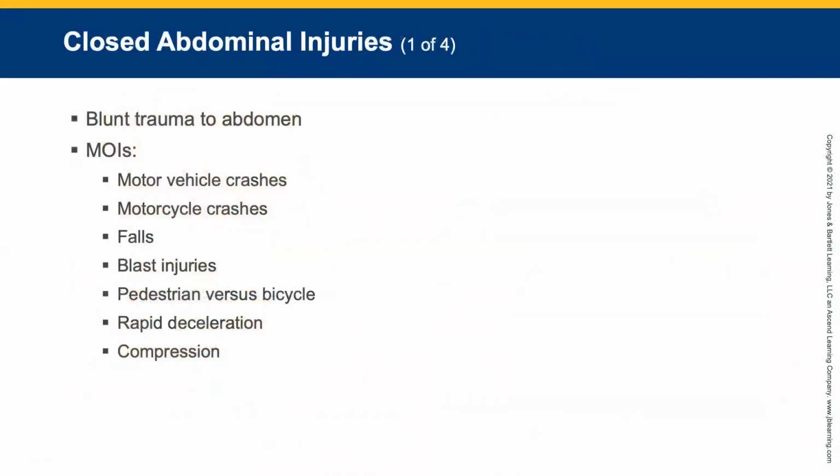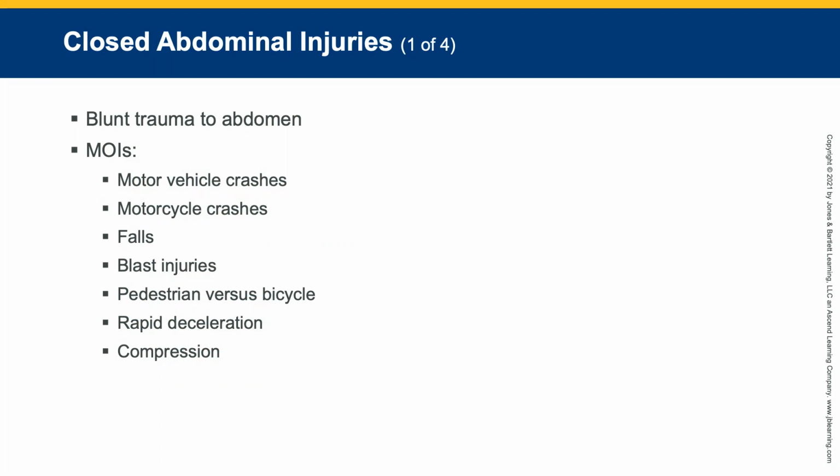All right, some blunt injuries that can cause abdominal injuries. So we talk about the MOIs. We know that motor vehicle crashes, motorcycle crashes, falls, and blast injuries. Remember, blast injuries have the potential to rupture internal organs too. We're going to have a pedestrian versus bicycle. Those are nasty.